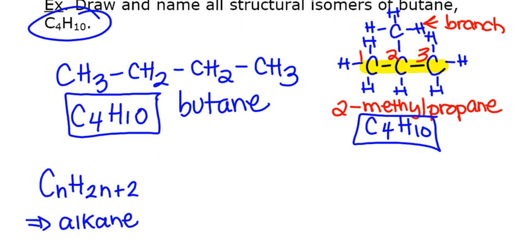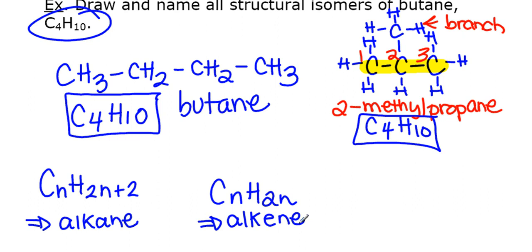If you see a formula CnH2n, so twice as many hydrogens compared to carbons, it's going to be an alkene most of the time. Okay, if it's just straight chain. These are if they're straight chains. I forgot to mention that.